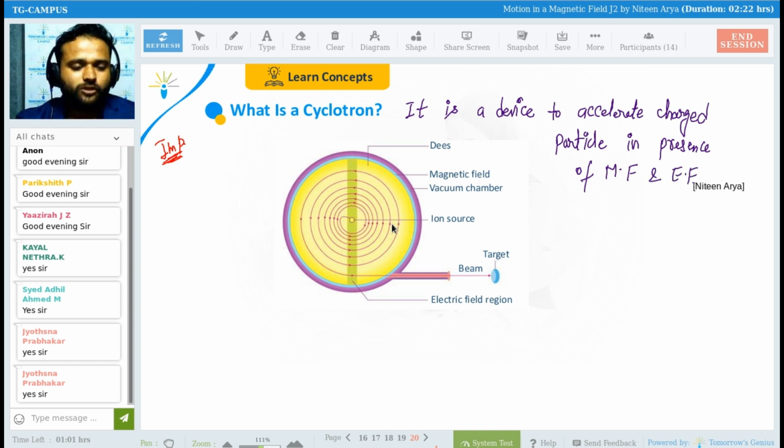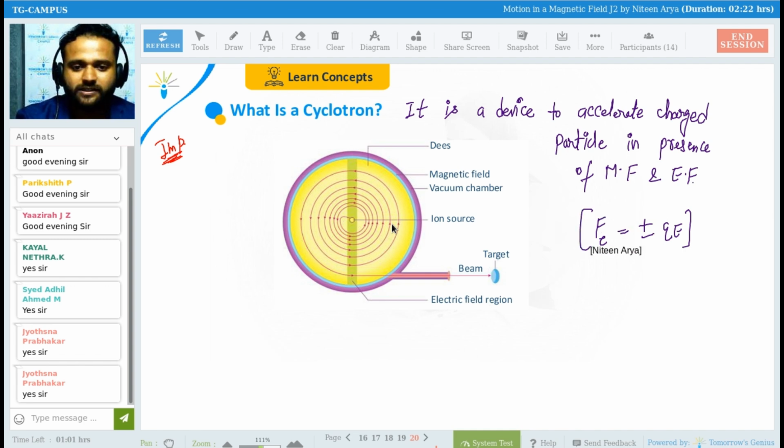Is this clear? So the electric field is going to alternate, which means we use AC current here. Due to this AC current, the electric field alternates, so FE is going to be positive and negative both.